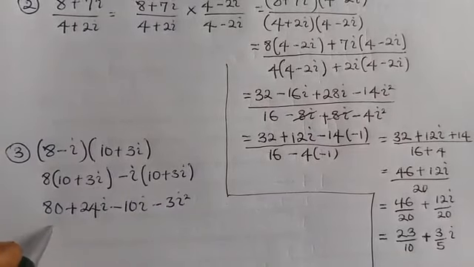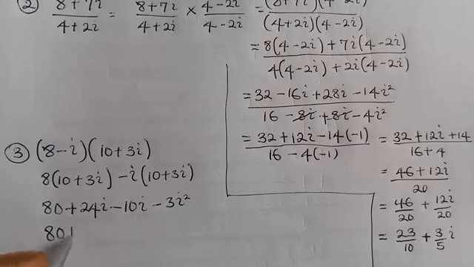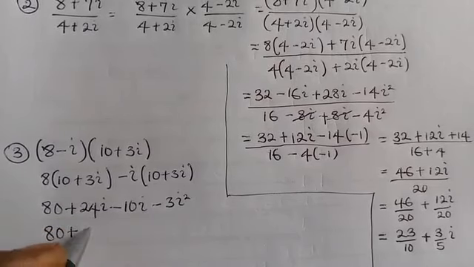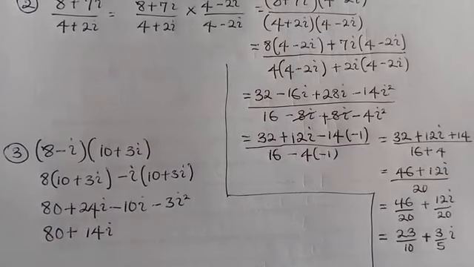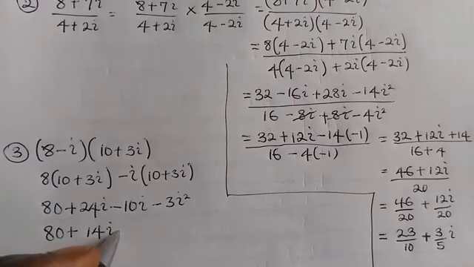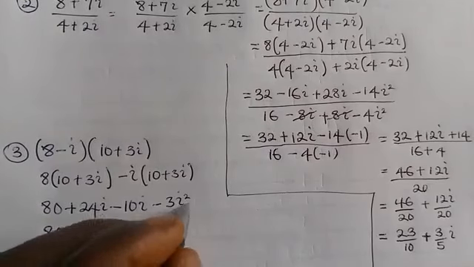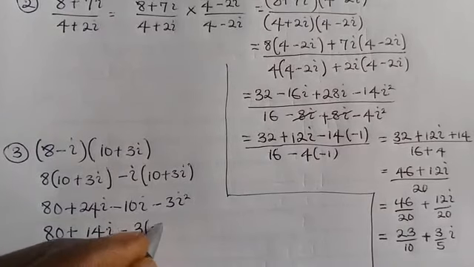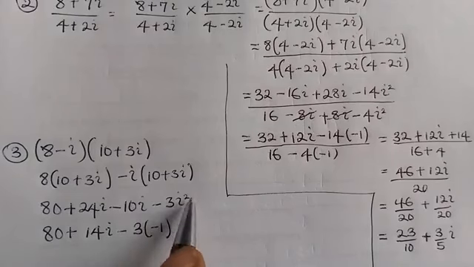So we have 80 plus 24i minus 10i is 14i. Minus 3i squared is the same thing as minus 3 times minus 1. Remember, i squared is equal to minus 1.